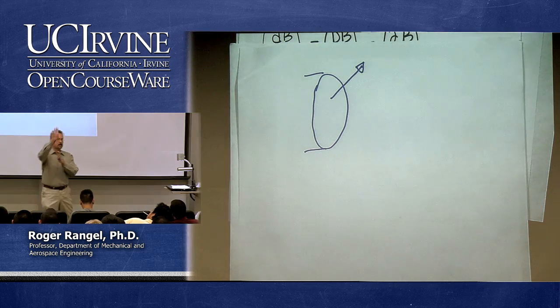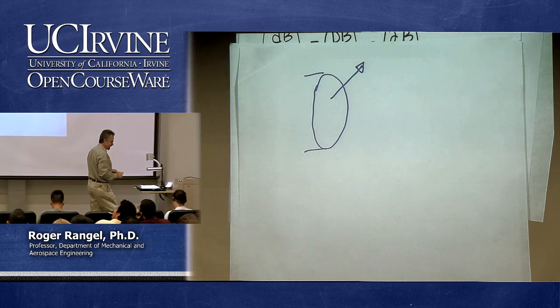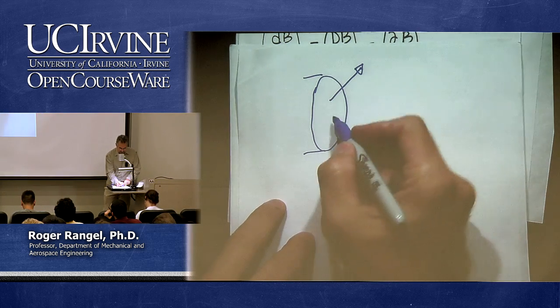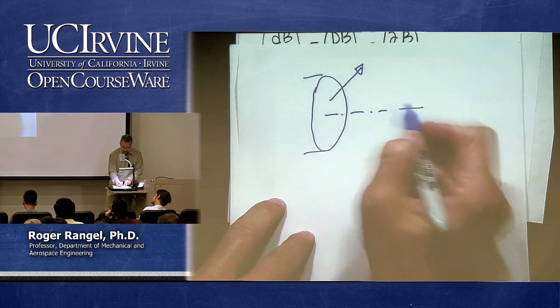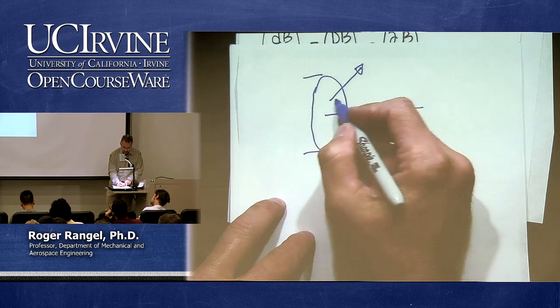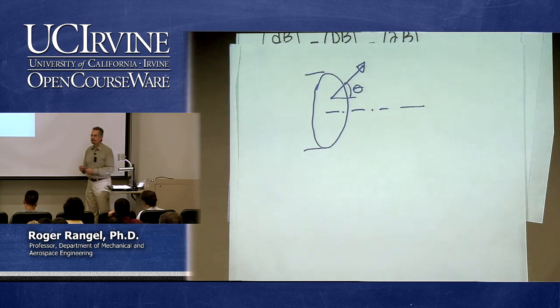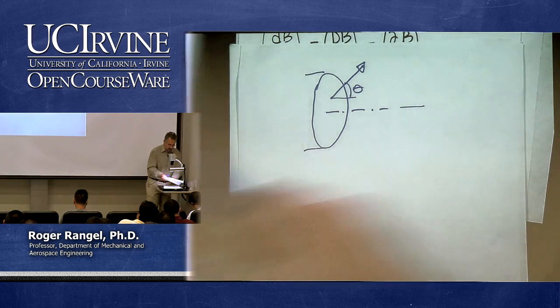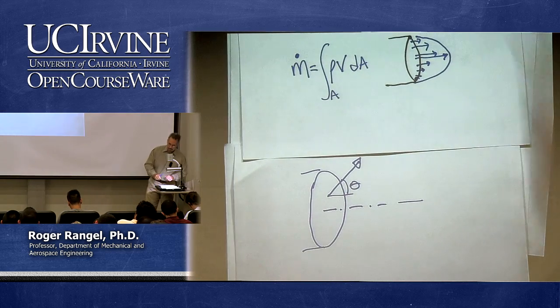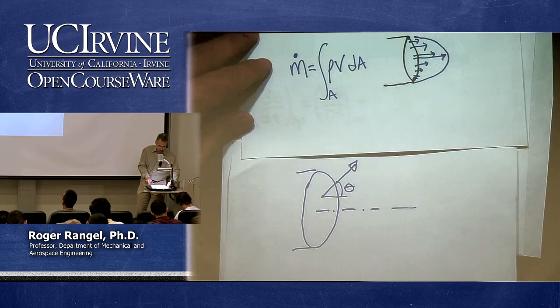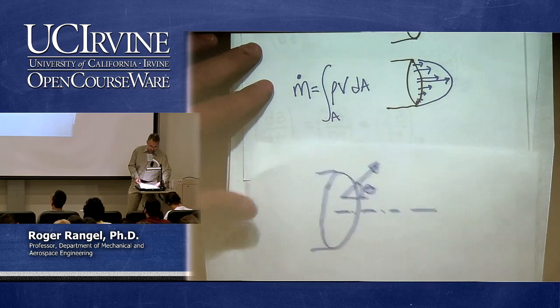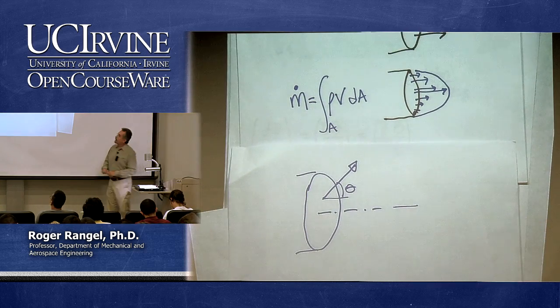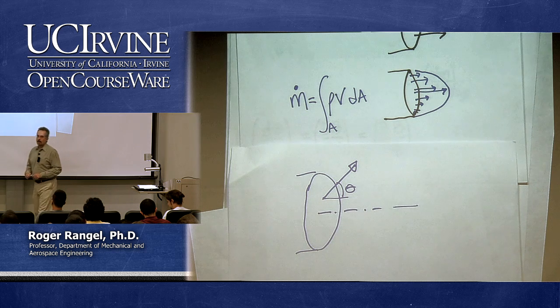It comes at an angle. Suppose I say that, and so if here was the axis, there is an angle there. What do you need to change in this expression? If I now tell you that there is an angle also involved.